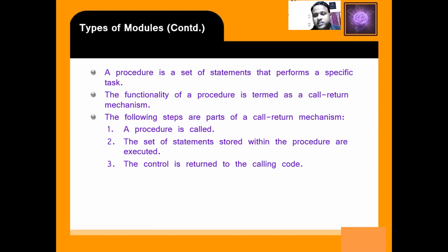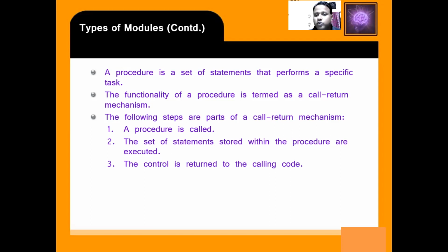Then what is a procedure? A procedure is a set of statements that perform a specific task. The functionality of the procedure is termed the call return mechanism. See, we're connecting with Zoom, and in Zoom you have the share screen option, the end meeting option, the recording option.